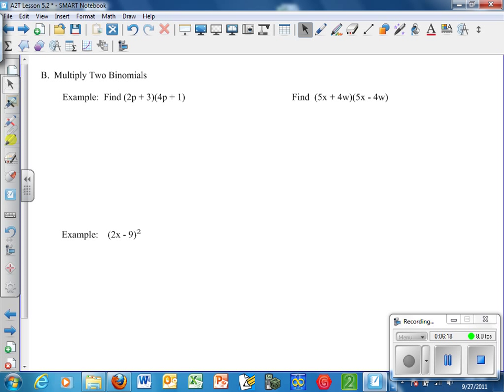Okay, multiplying two binomials, you use what's called the FOIL method. Remember, FOIL, that's the acronym: first, outside, inside, last. So I'm going to multiply my first terms, which would be 2p, the first term in the first one, times the first term in the second one, which is 4p. So it's 8p squared.